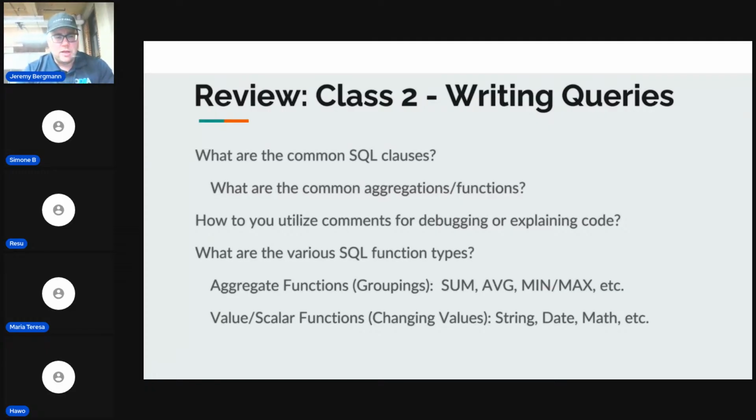We were talking about what are the common SQL clauses. So the two that are required, you have your select and your from statements. And then you have things like where, group by, having, order by, and so forth. What are the common aggregations and functions? Common aggregations are sums, averages.